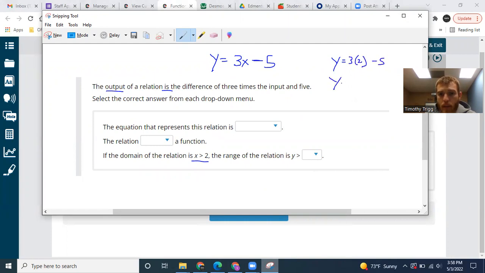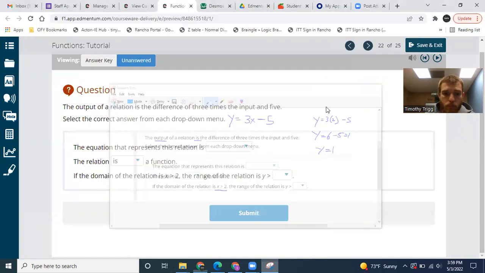So that'd be y equals 6 minus 5, which is 1. So y equals 1. So when I replace x with 2, the result is 1. So since my domain is only x values that are greater than 2, that means my range will only be y values that are greater than 1. Okay.